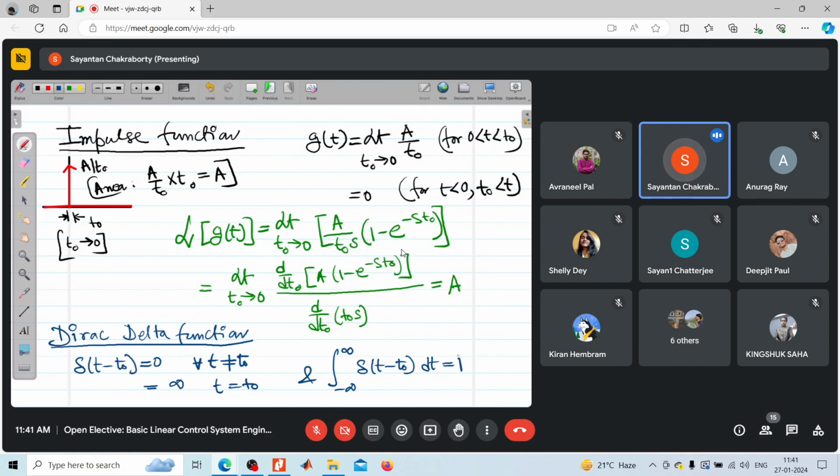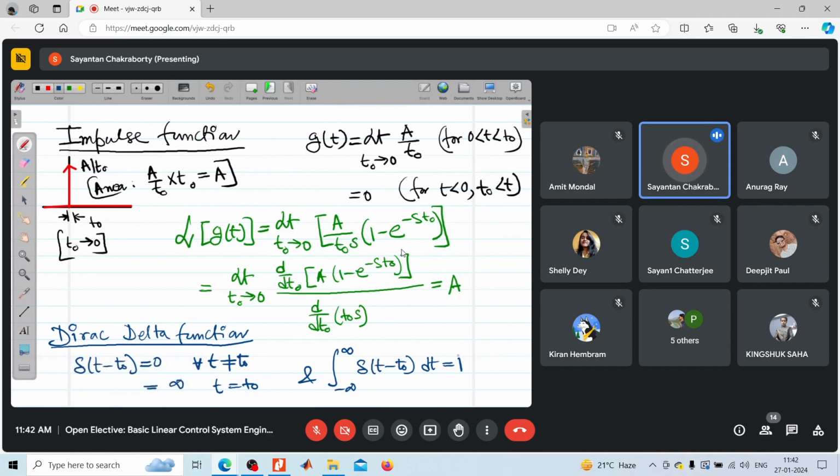It's a typical function, right? The Dirac delta function. There is also another concept, the unit impulse function, that you might have heard of. Unit impulse means the area under the curve is 1, so that means a equal to 1.